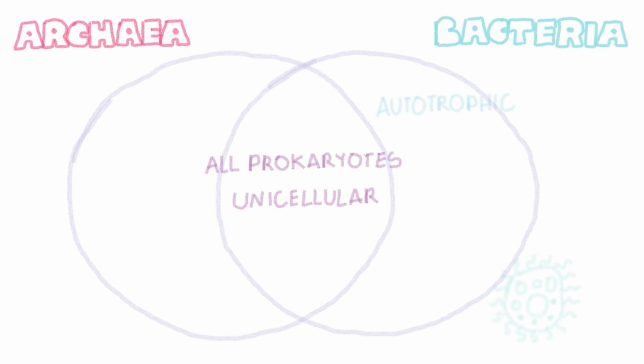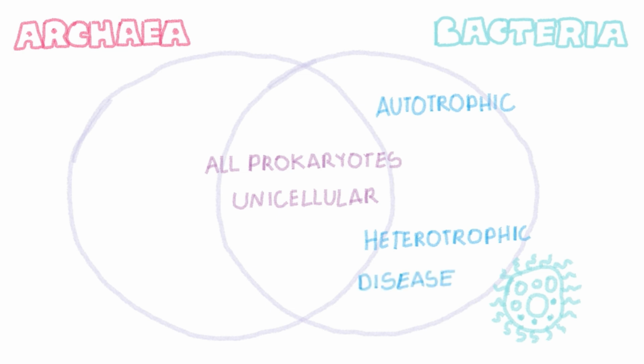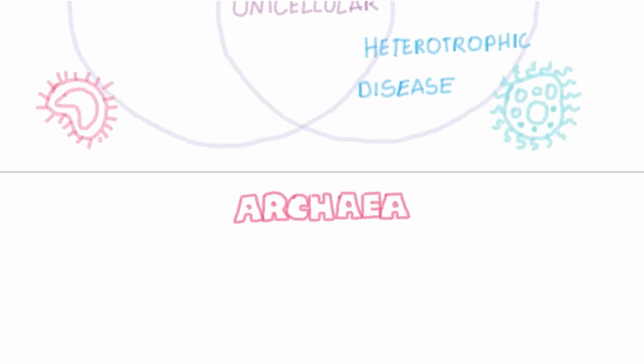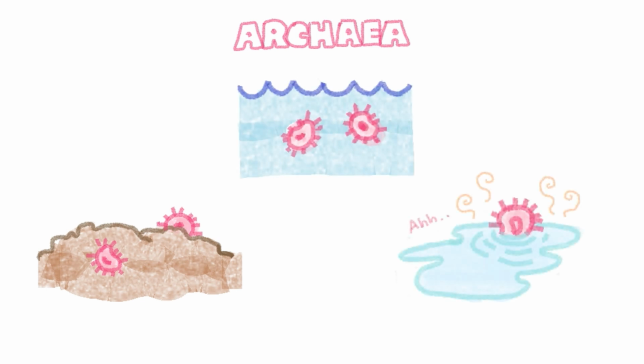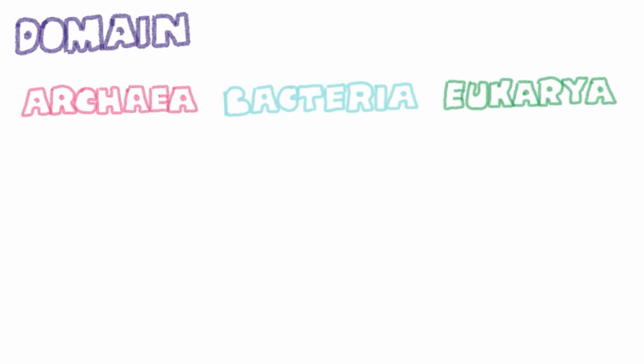They can be autotrophic producers, heterotrophic decomposers, and you likely know them as causing disease. Archaea, on the other hand, are funky. They are biochemically distinct from bacteria, and they can live in almost any place, from dirt to oceans to hot springs. However, for this video, I'm going to focus more on the last domain, eukarya.